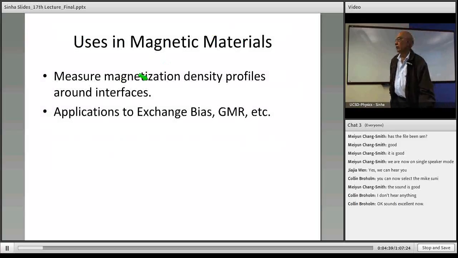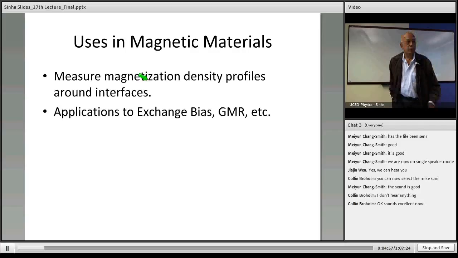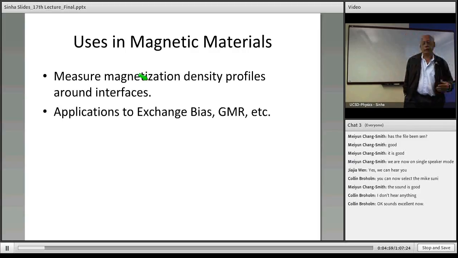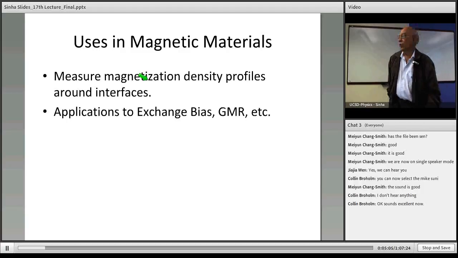Okay, so in magnetic materials, neutron reflectivity, usually using polarized neutrons, is used to measure magnetization density profiles around interfaces, which gives you crucial information, especially if you can do this as a function of magnetic field around a hysteresis loop, or if you change temperatures and go through any phase transitions, particularly transitions that begin at the surface or the interface.